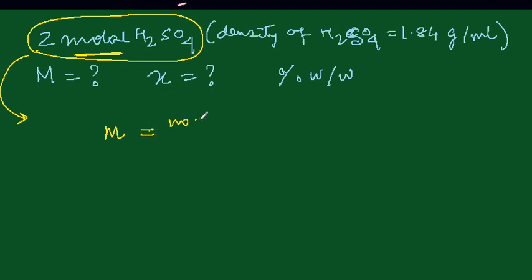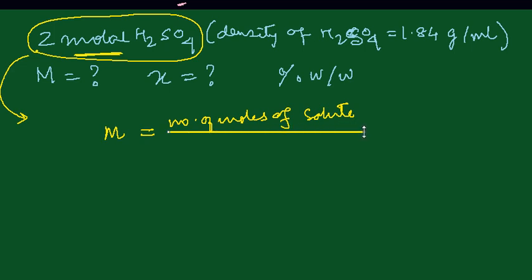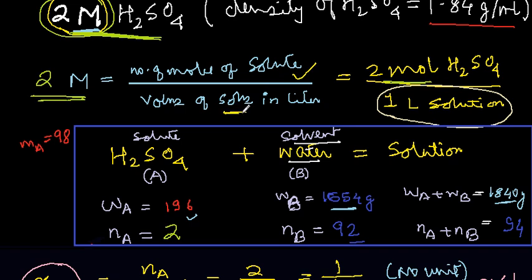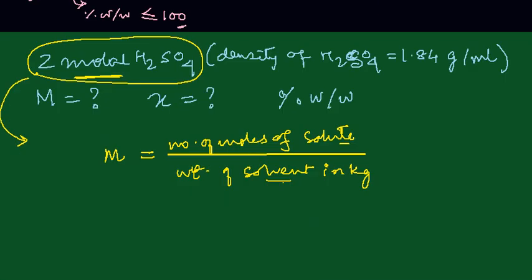Molal means the number of moles of solute that we have in 1 kg of solvent, that is, the weight of solvent in kg. This is solute over solvent. Earlier, in molarity, it was solute over solution. So there's a slight difference between the terminologies, so let's be a little careful with that.